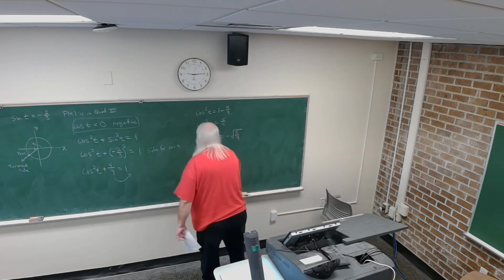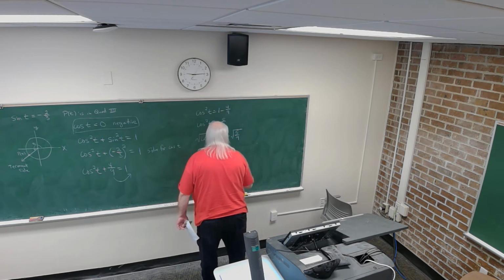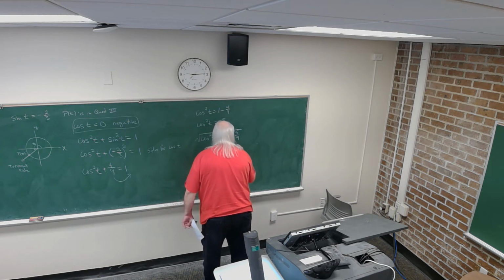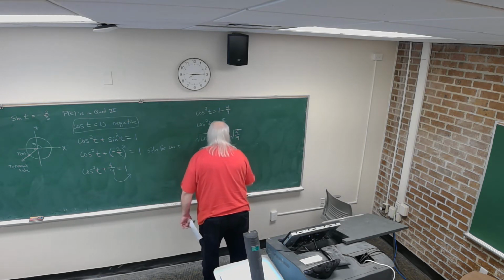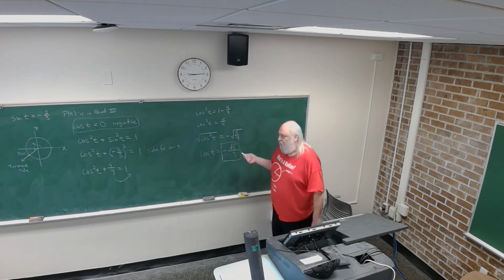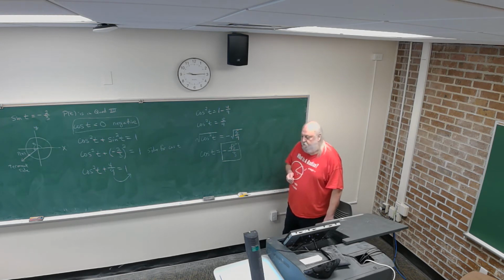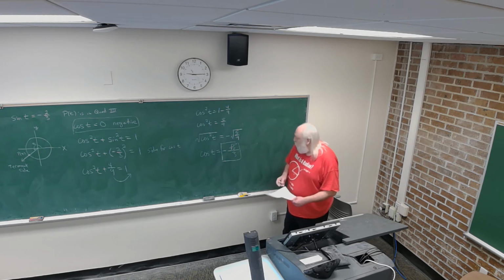And so the cosine of angle t is equal to minus square root of 5 over 3. Right? When you take the square root of a fraction, you take the square root of the numerator over the square root of the denominator. Any questions on that?